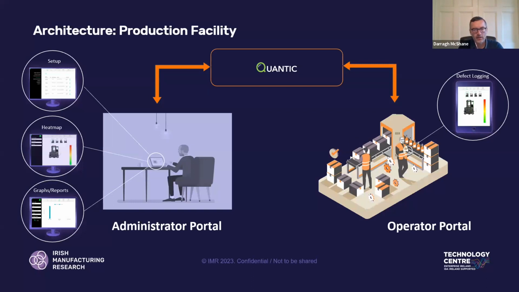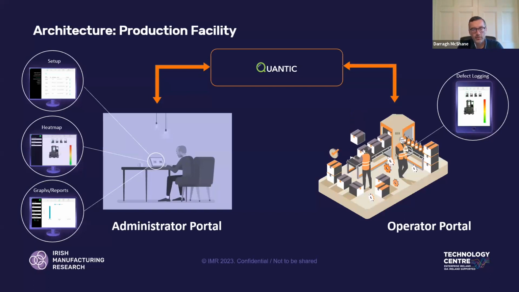On the other side, we had the feet on the ground, basically the people who are actually gathering the relevant defect data on the line. So we've got an operator portal, which is a very, very simplified interface where with just a few clicks, you can scan the relevant product information, pull up a series of images associated with that product, and then log visual defects to the various images, and that information then gets pushed up to the Quantic application, accessible through the administrator portal.